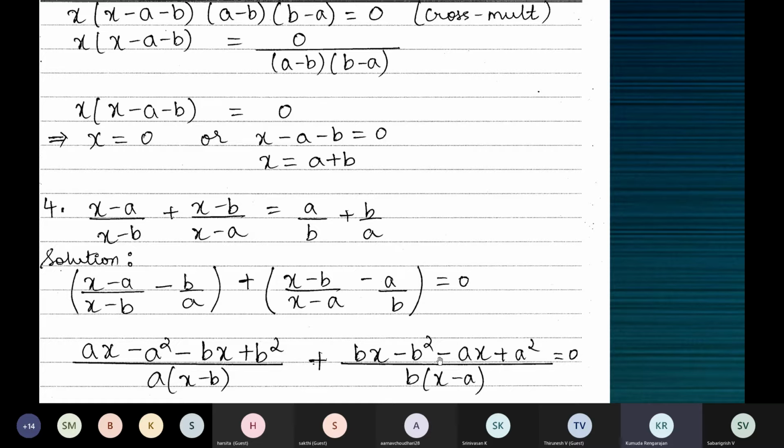Now, when you look at the different terms in the numerator of this term and the numerator of this term, ax minus a square plus a square minus bx plus b square minus b square. So we have four terms in the numerator here, and in this term also we have four terms in the numerator.